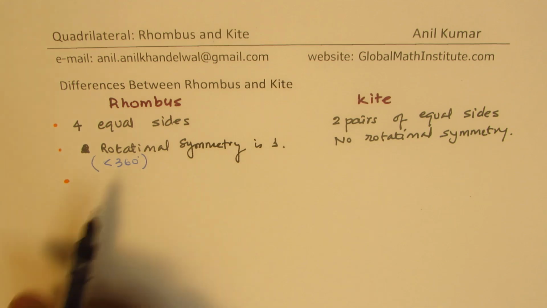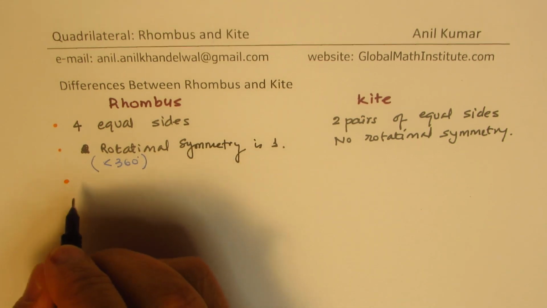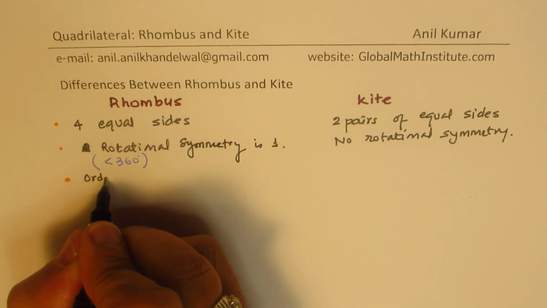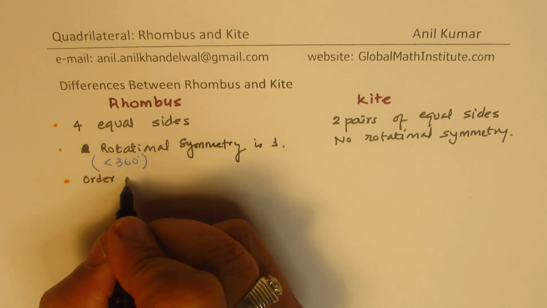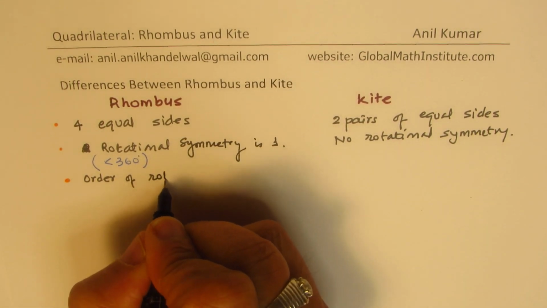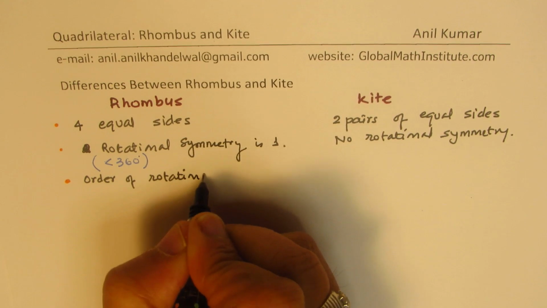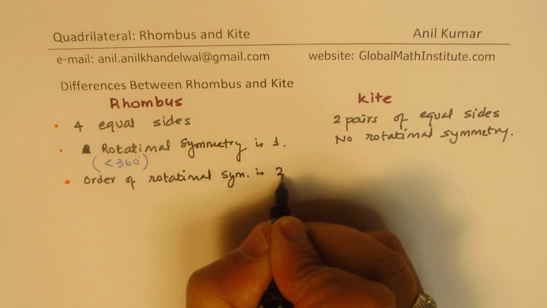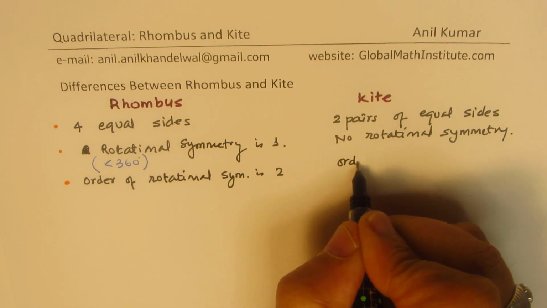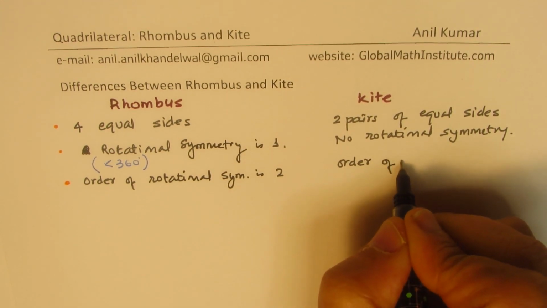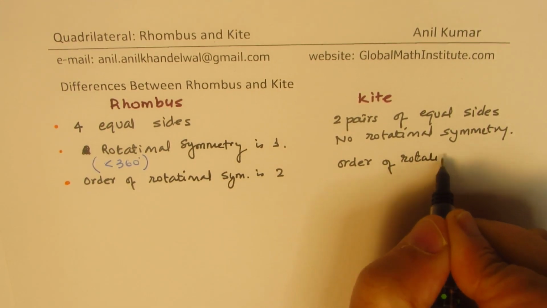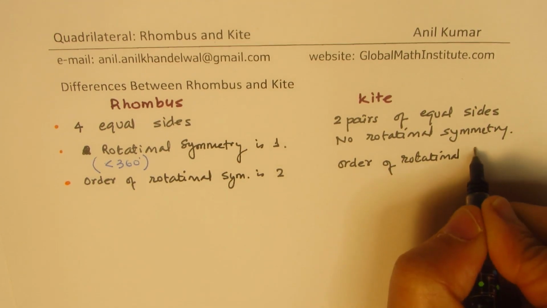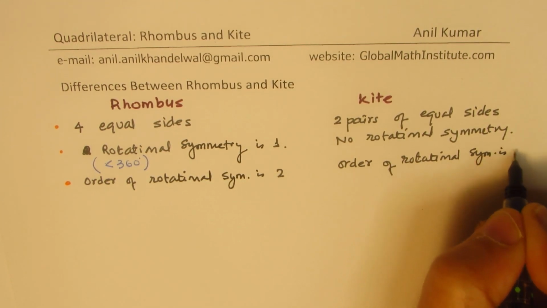Now let's talk about order of rotational symmetry. The order of rotational symmetry is 2 for the rhombus, and for the kite the order of rotational symmetry is 1.